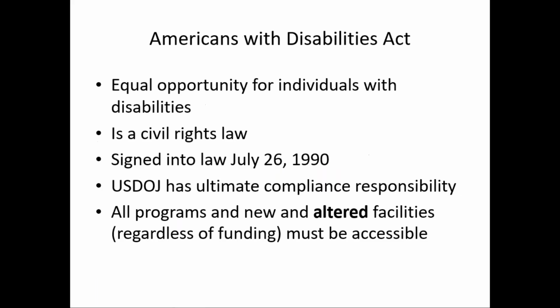A little bit more in the way of background. What we're talking about today really kind of originates with the Americans with Disabilities Act, or ADA. It was signed into law back in July of 1990, so this year will be the 36th anniversary of ADA. It was signed into law by President H.W. Bush.